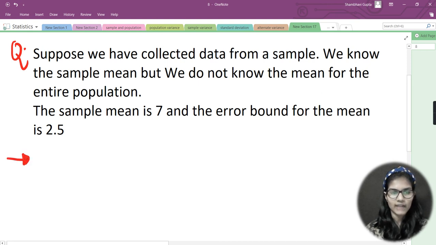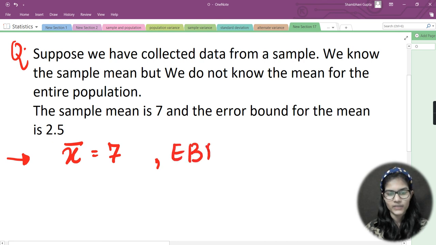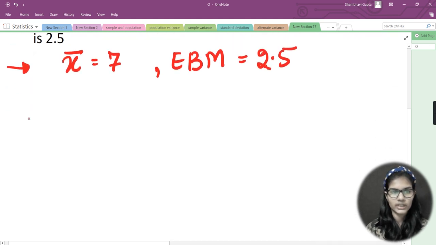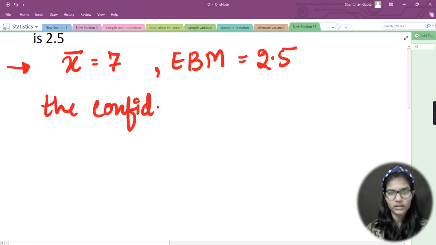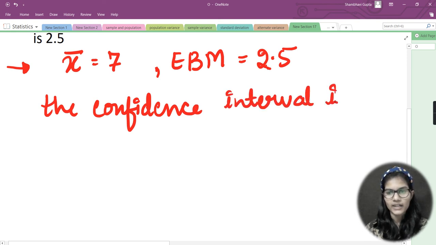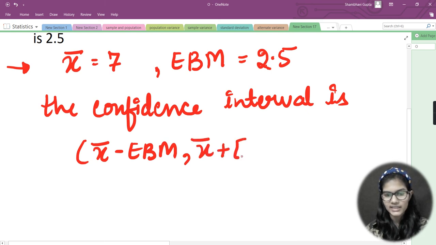I have two values here. I know x bar is equal to 7, and I know the EBM, the error bound for the mean, is 2.5. Now what was the form for the confidence interval? We had already seen it in the very starting. The confidence interval is x bar minus EBM, comma, x bar plus EBM.